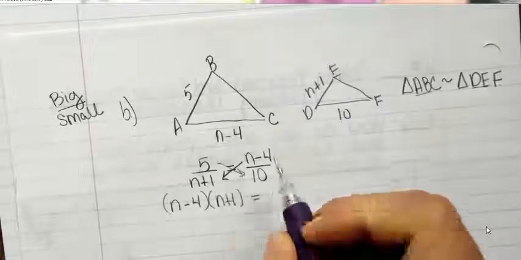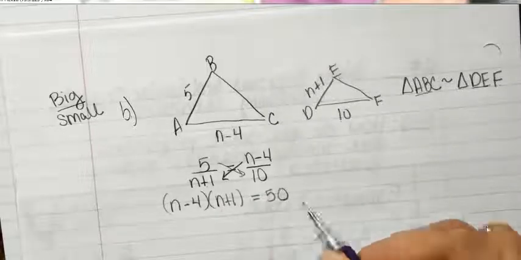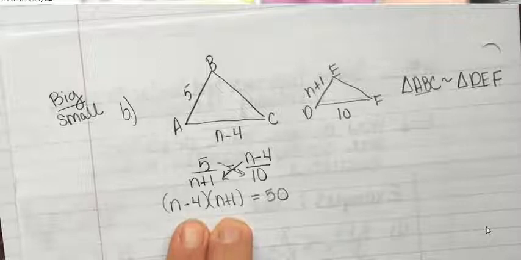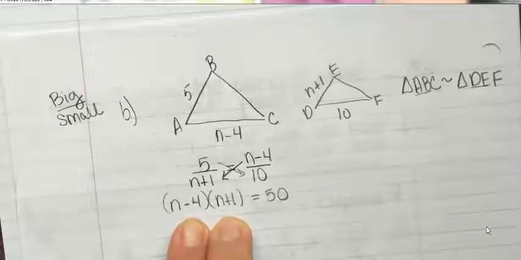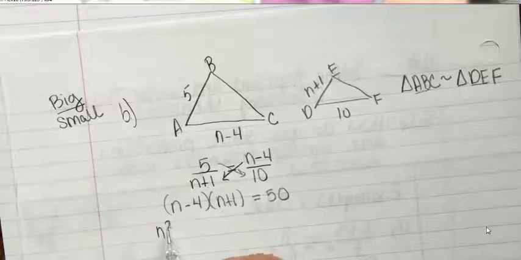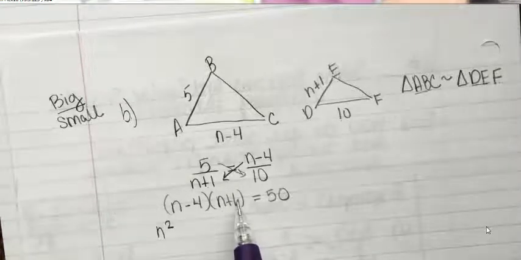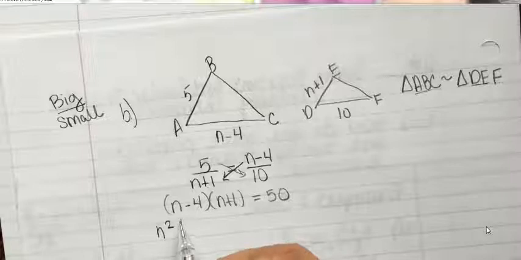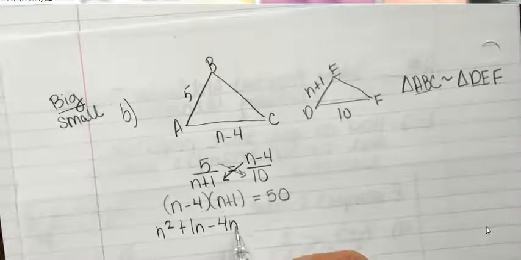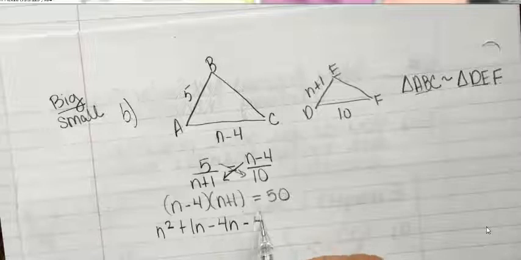Okay, so moving on here, the other side gives me 50. Now I need to go through and double distribute or FOIL the two binomials that are being multiplied to each other. So my first terms give me n squared. My outer terms give me a positive 1n. My inner terms give me negative 4n, and my last terms give me negative 4.